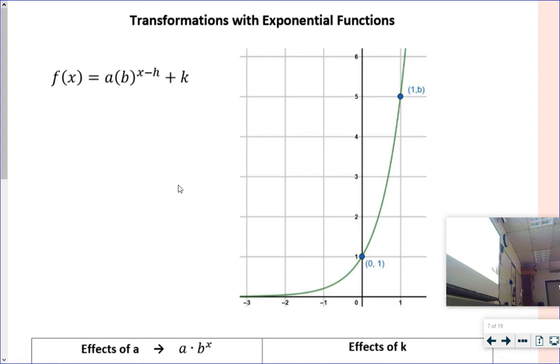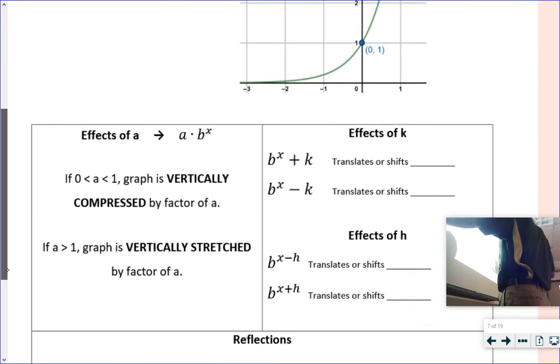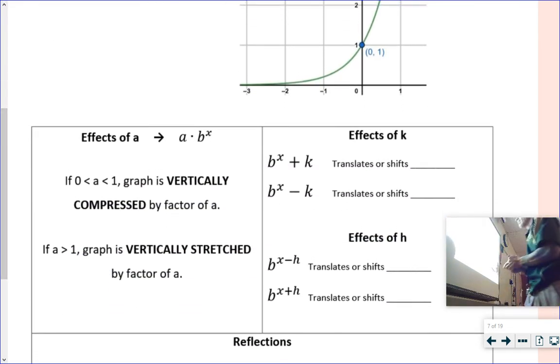So how would I kind of write those things out? Well, your a value, and we've had this for different kinds of functions, is just going to change if it's a vertical compression or vertical stretch. If that number in front is less than 1, it's a vertical compression. If it's greater than 1, it's a vertical stretch. Okay?